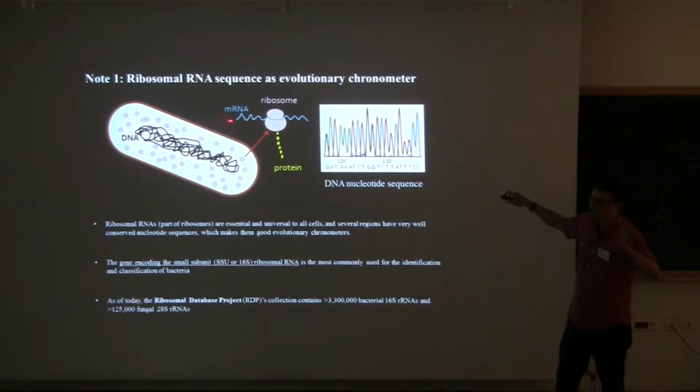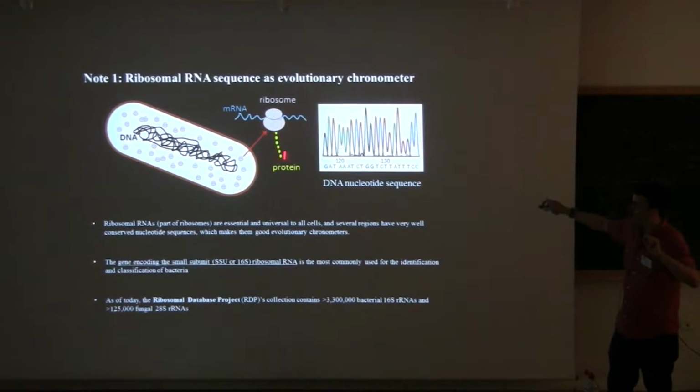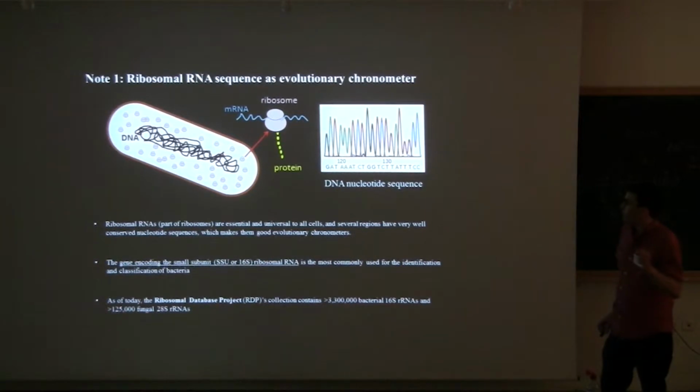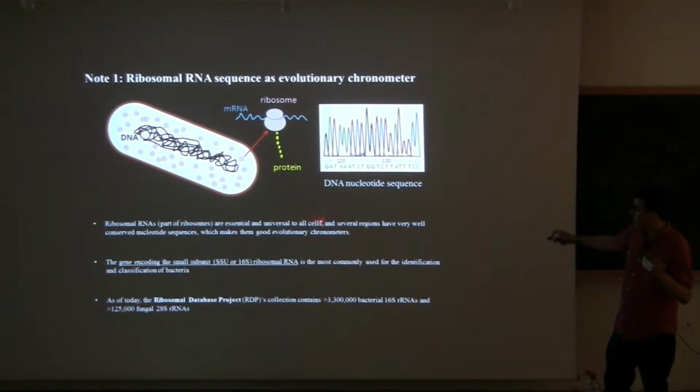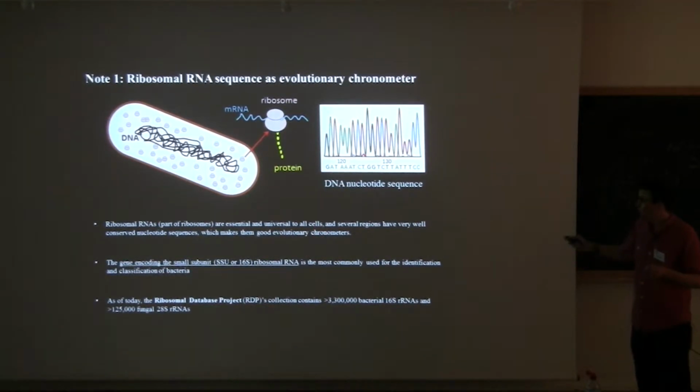It has the form of a so-called messenger RNA, and the ribosome translates this information into amino acid chains that form proteins. So all living cells have ribosomes, so they are very well conserved. And what is important is that a part of those ribosomes is made of RNA, and several regions of those RNAs are really well conserved and can be used as evolutionary chronometers. So we can read those sequences, and we can then say something about the relationship between organisms.